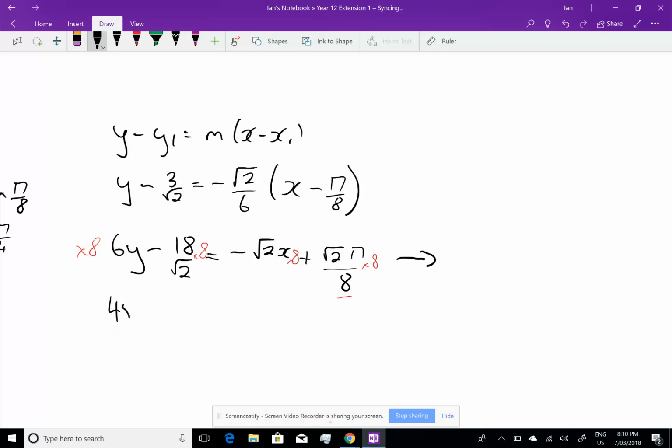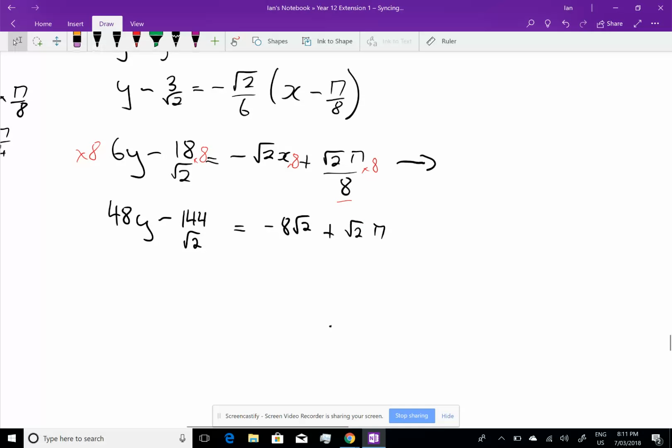It gives you 48y minus 18 times 8. I'm reaching for my calculator now. 18 times 8, 144. 144 on root 2 equals minus 8 root 2, and that just becomes root 2 pi.